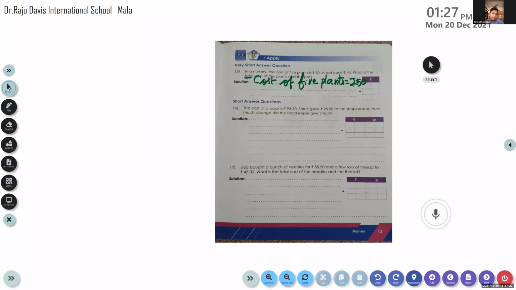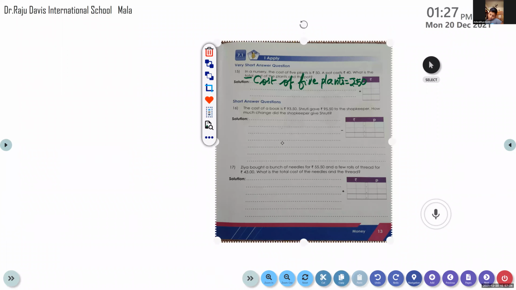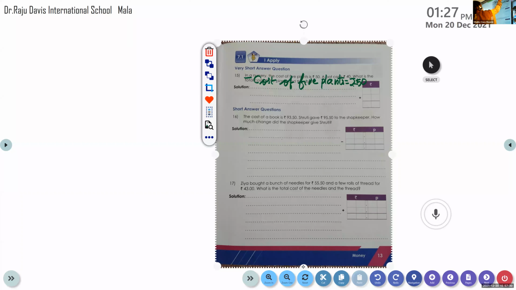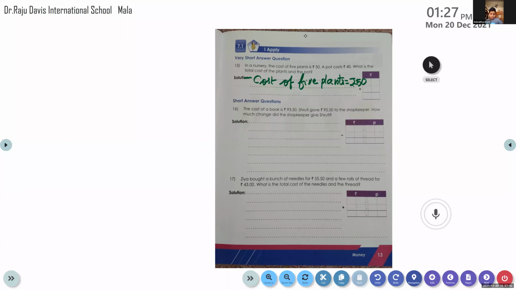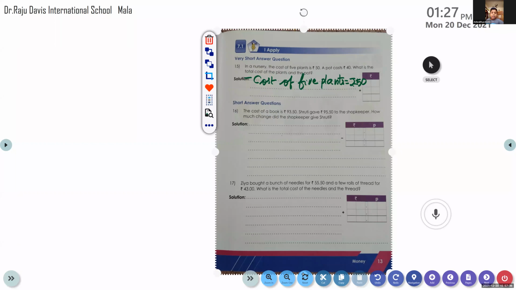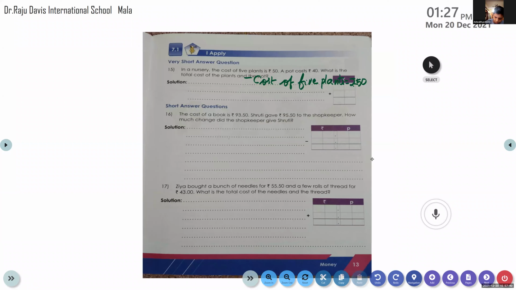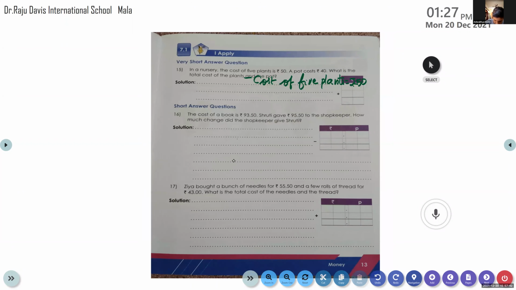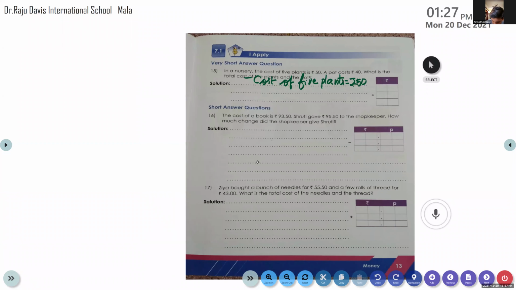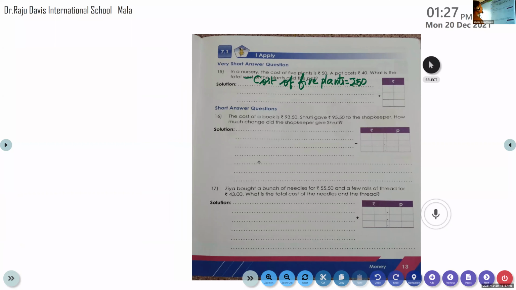Good. So cost of 5 plants, it's given rupees 50.